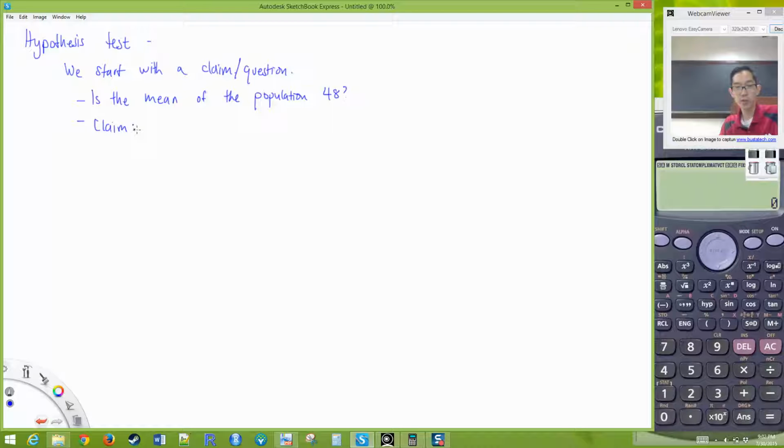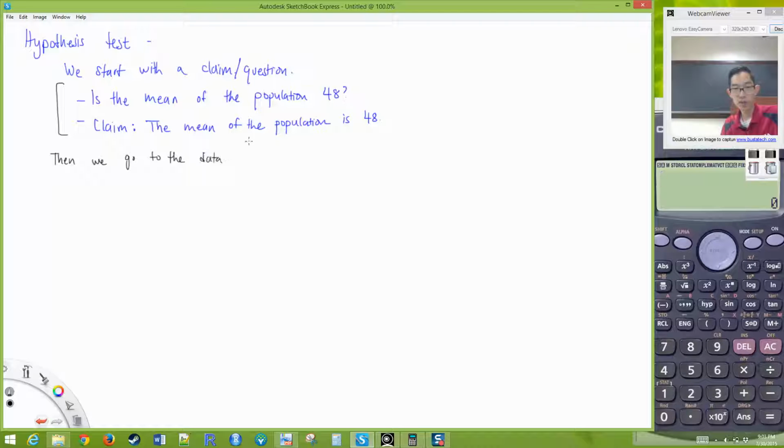Someone could claim the mean of the population is 48. Okay, and then we start off with this, and then we gather the data. Then we look at the data. So we begin with this, then we go to the data.